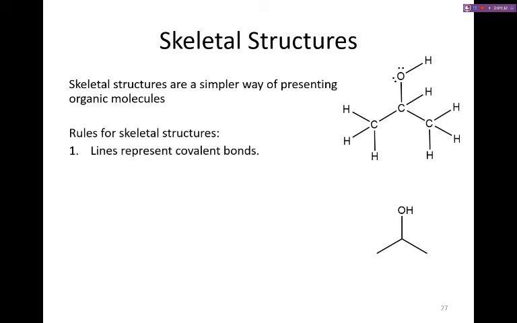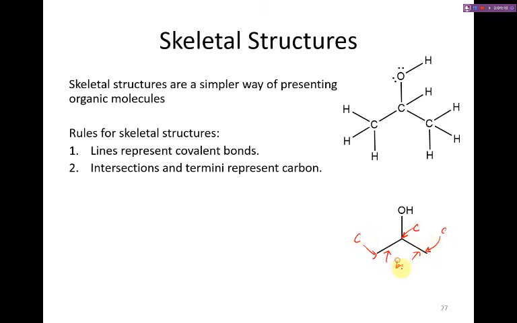First, lines represent covalent bonds. This is the case as well for Lewis structures, but in this case, each of these lines represents a covalent bond. Next, the intersections of those lines and the termini represent carbon atoms. So we always are going to be hiding the carbon atoms within the skeletal structure.